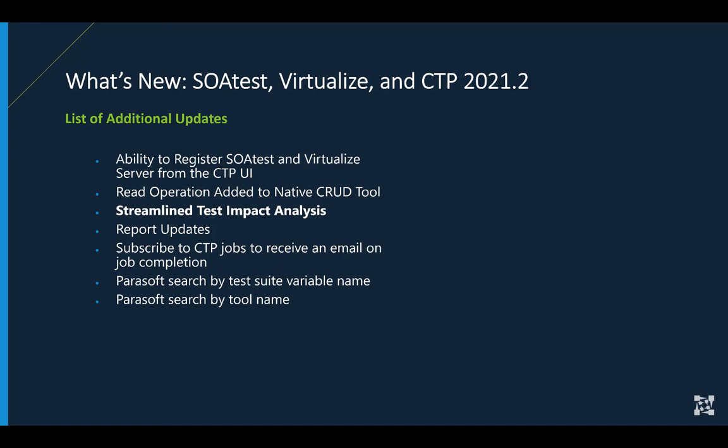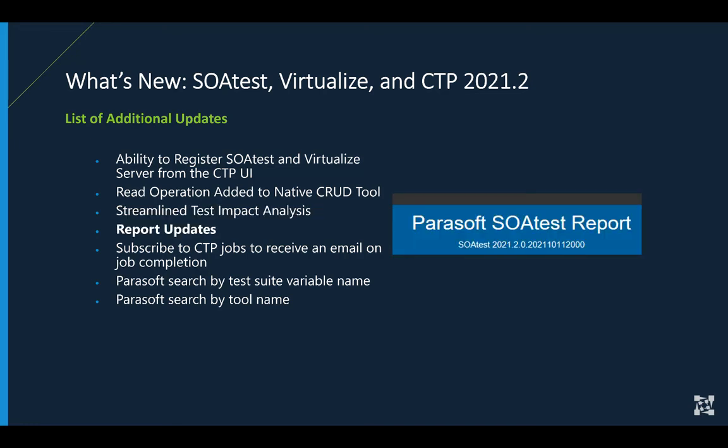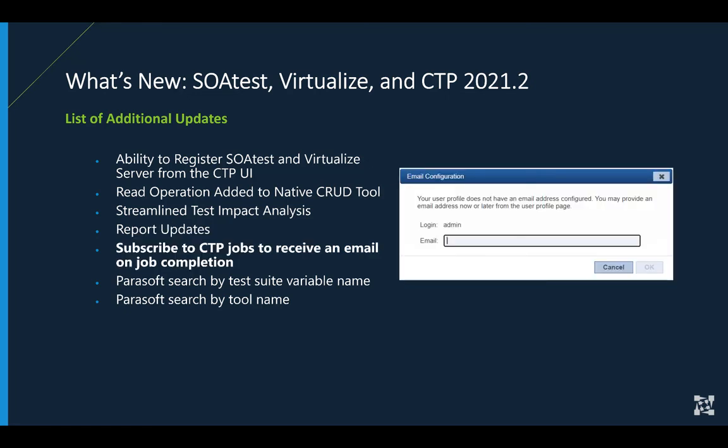I mentioned conceptually that we've streamlined test impact analysis and what that entails. I went over the report updates, at least for the API security report. You can now subscribe to receive emails whenever your CTP job's complete. And we made additional enhancements to the search and other usability enhancements.